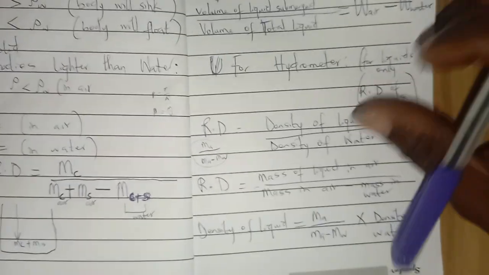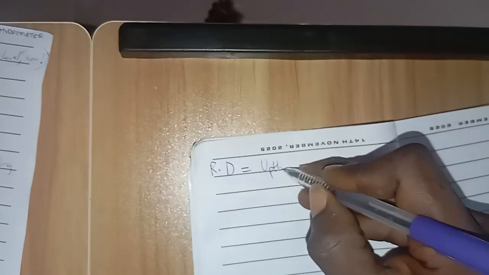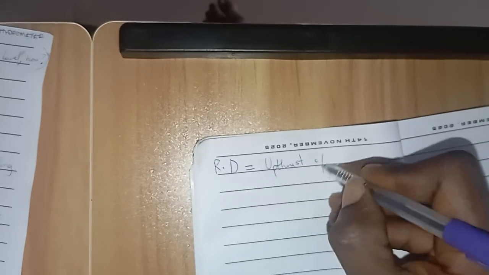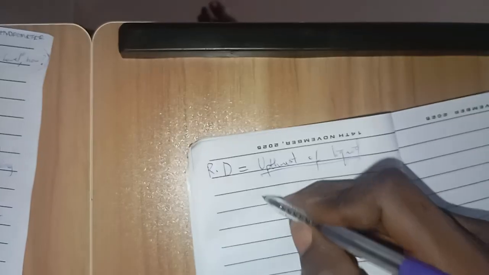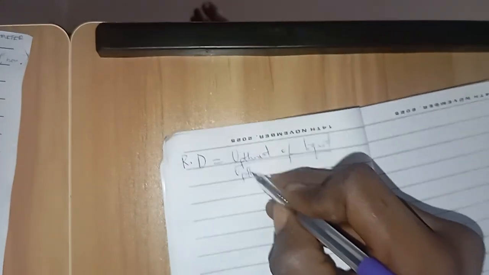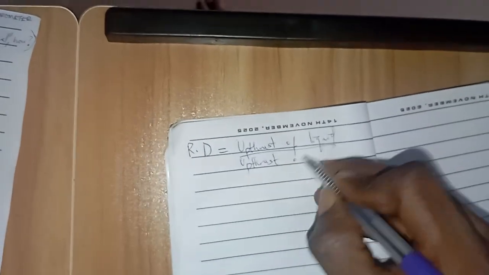But when it has to do with hydrometer, the working principle of hydrometer is simply you using relative density. I'm touching everything, but most of the questions will always revolve around upthrust of liquid all over upthrust of water.